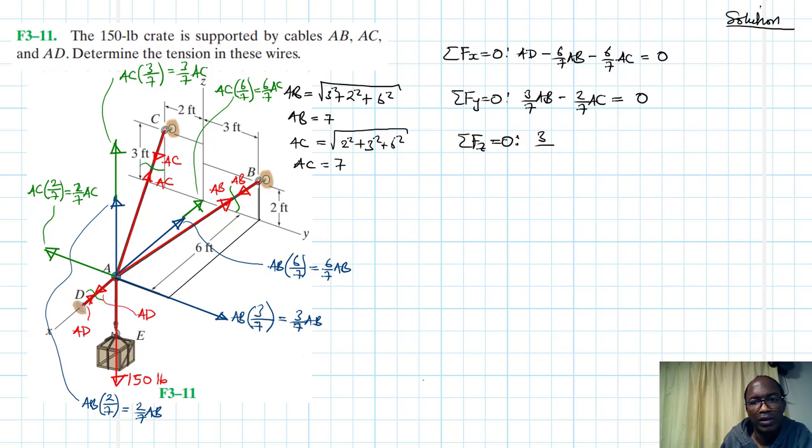So we have 3 over 7 AC plus, let me start with AB, not that it is important, it's just my preference. I just want it to align with summation of forces in the y. So 2 over 7 AB plus 3 over 7 AC minus 150 equal to 0. So we have the first equation, the second equation, and the third equation.